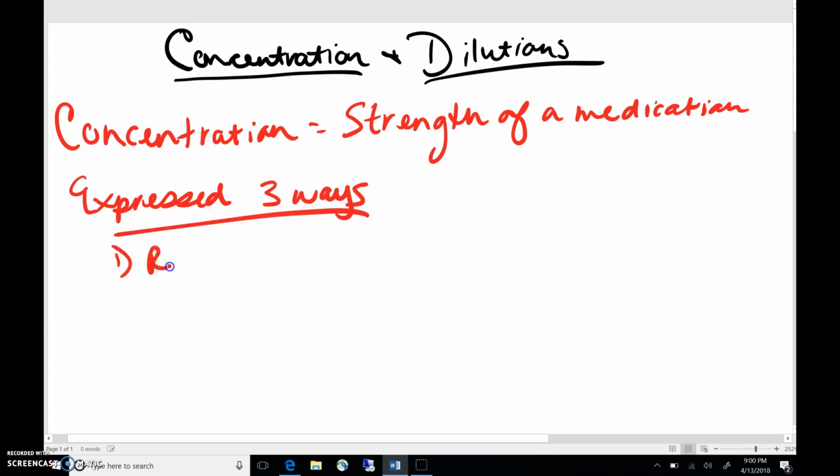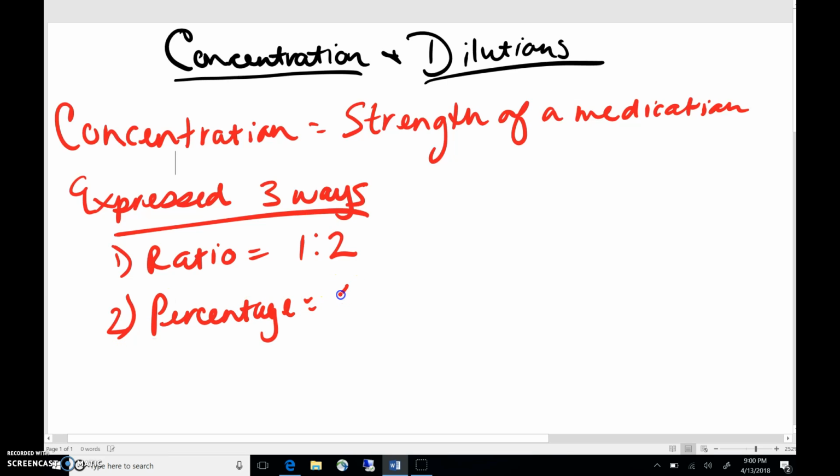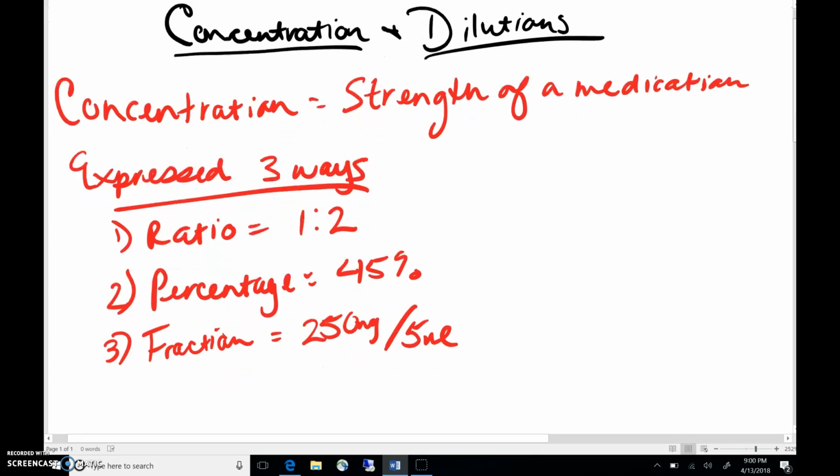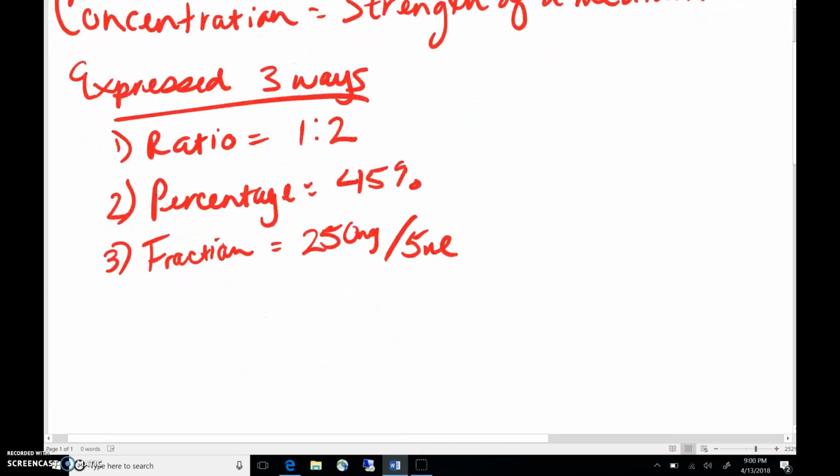Again, that's a ratio, which is like 1 to 2, 3 to 4, whatever the case may be. A percentage, so 45%, and it also can be expressed as a fraction. So a medication that's 250 milligrams per 5 milliliters, all right? These are examples of how concentrations can be expressed.